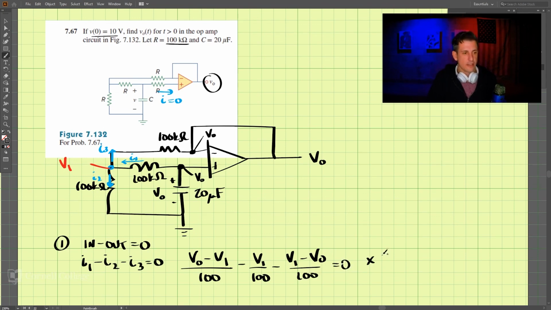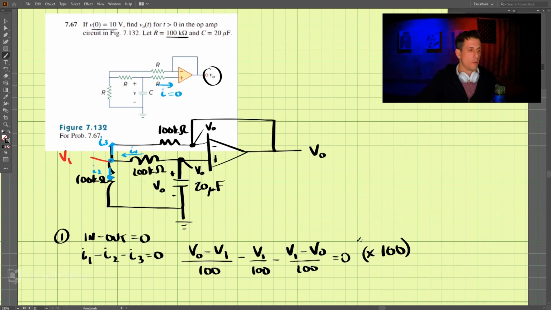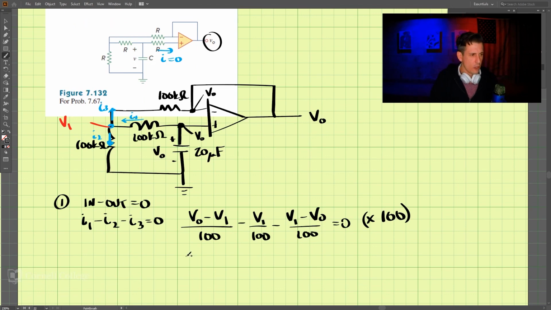Now let's take both and multiply them by 100, and we get, what's that come out to be? We would get 1, 2, 3.